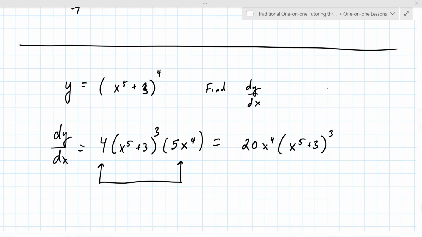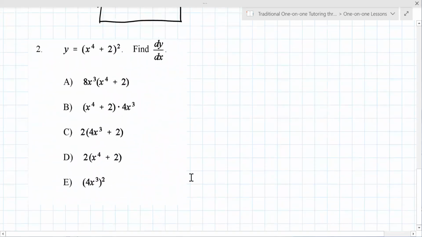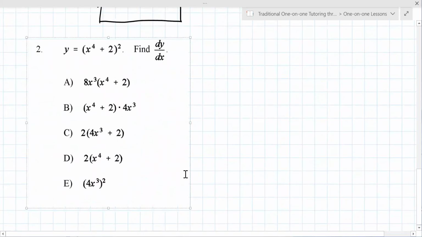Okay, so this question I just did is the same process, just with different numbers and exponents. You have to be able to take a derivative using the power rule and then the chain rule.